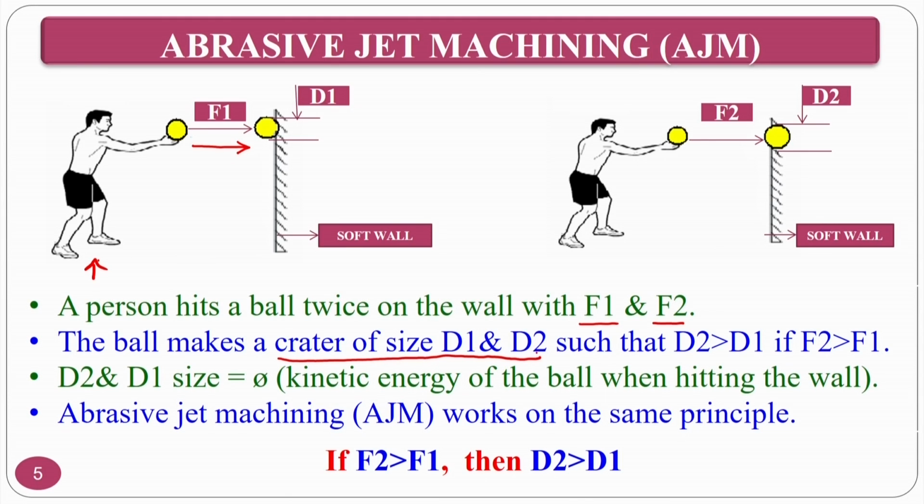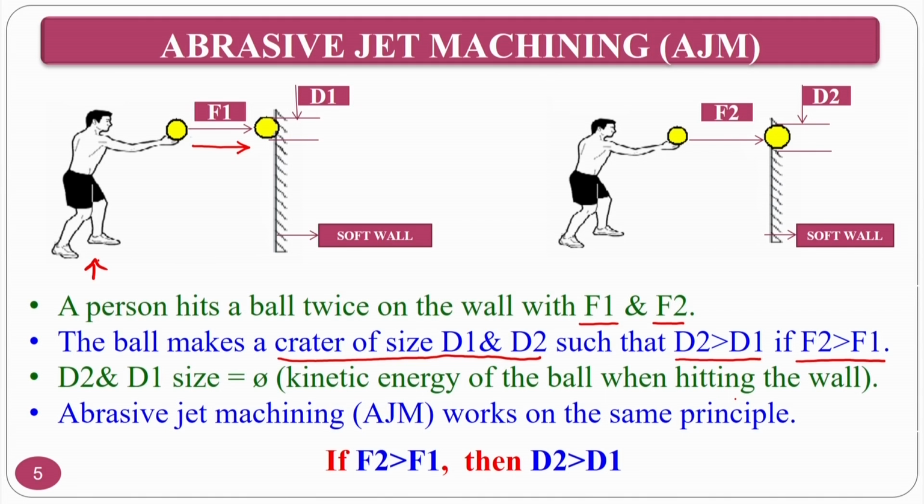If the force F2 is greater than F1, then D2 will obviously be greater than D1. This is basic physics. Abrasive jet machining follows like this, and the sizes D1 and D2 are a function of the kinetic energy of the ball when hitting the wall.